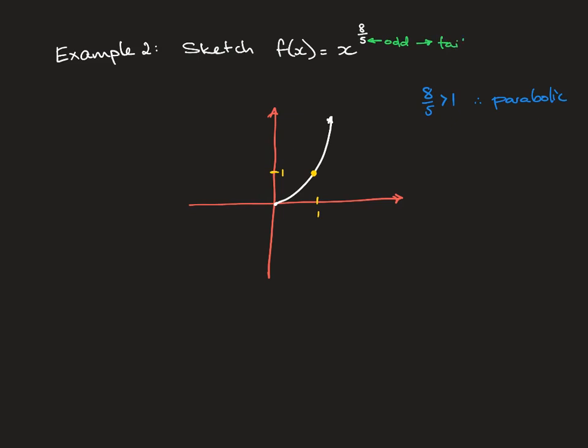And to do that, we look at the numerator, and in this case the numerator is even, which means that the tail is in quadrant 2.